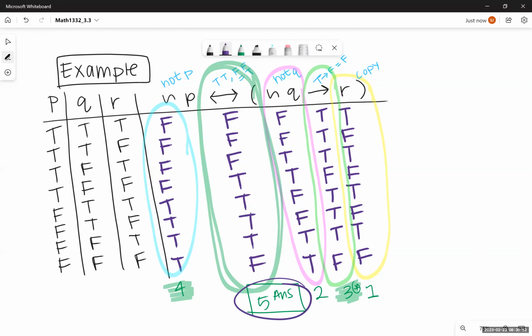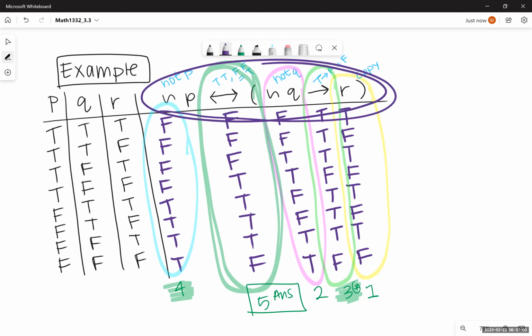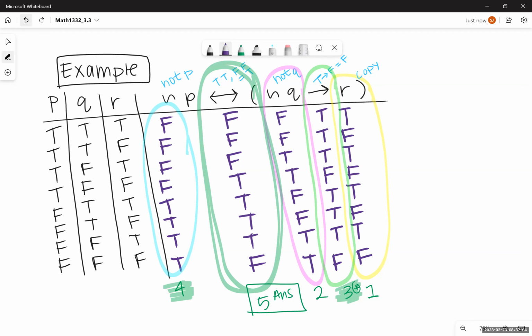That whole thing right there with the P's and the Q's and the nots, that's a compound statement. So if I get through all of my work and this answer column goes F, F, F, F, then what we can say about that compound statement is that it's a self-contradiction, because its answer column is all false.